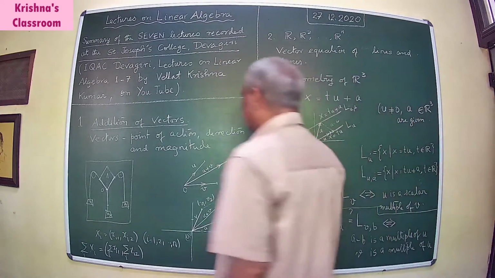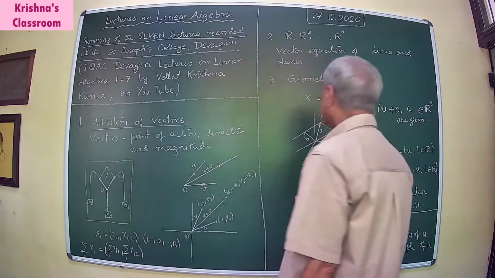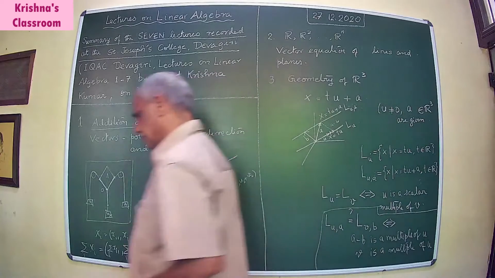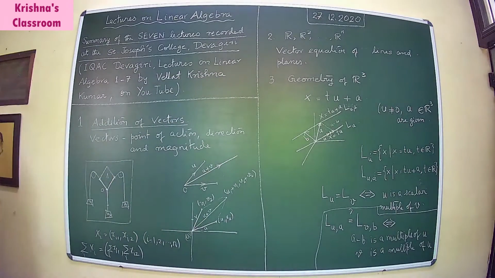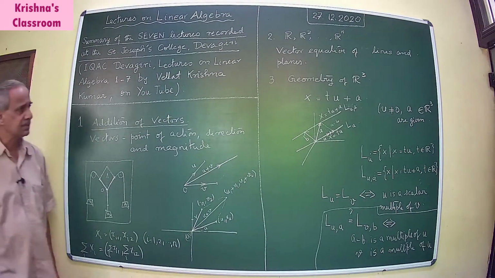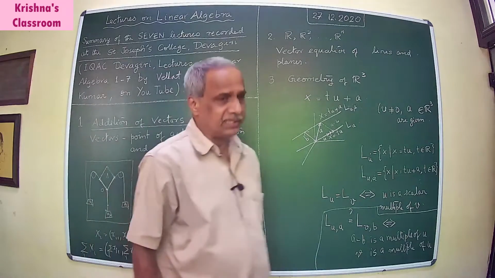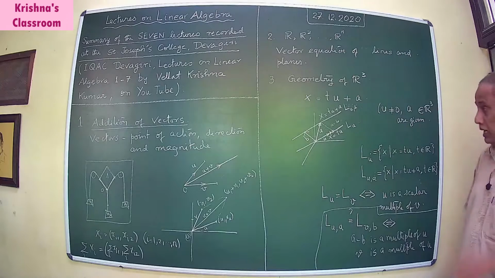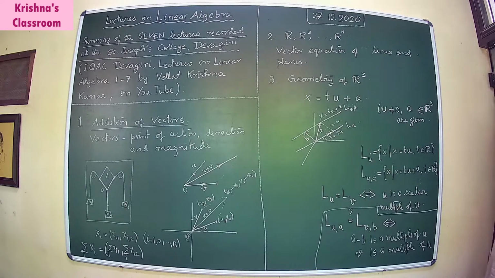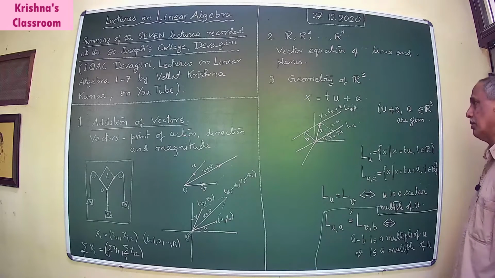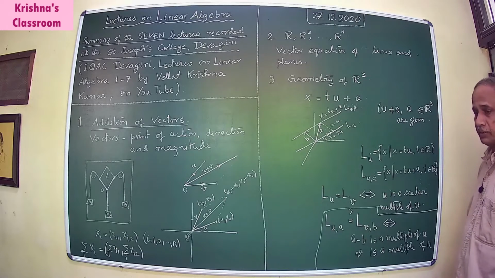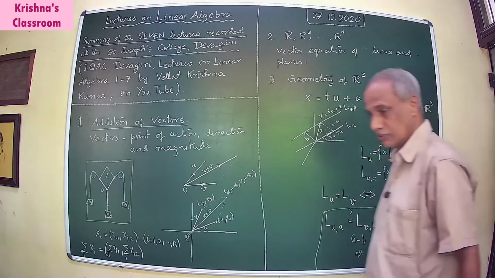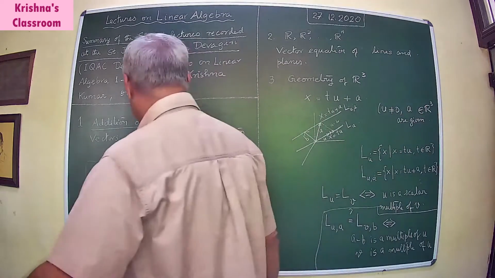So that's the content of the third lecture, and in a way, this analysis of the vector formulation of lines, planes and subspaces is done with the objective of understanding the entire spaces.